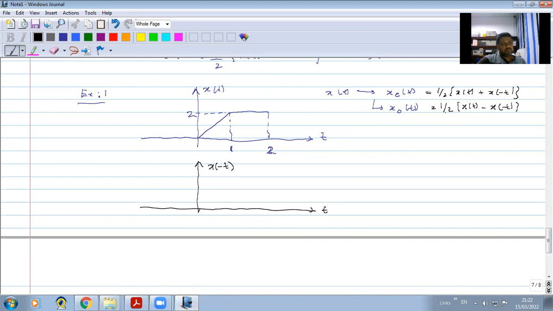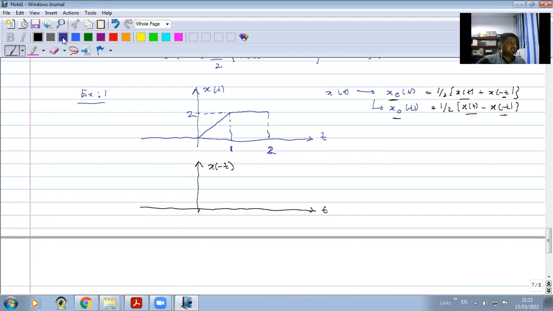So through these two identities, you can estimate the even and odd parts. You can see that x(t) is given. To find the even and odd parts, you have to find the time reversed signal, x(-t), so I am going to draw x(-t) here.